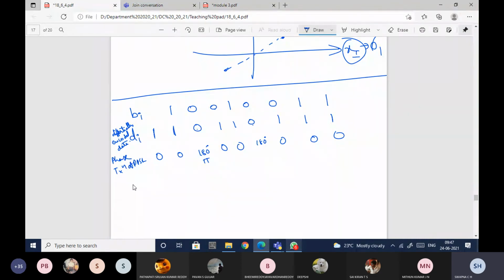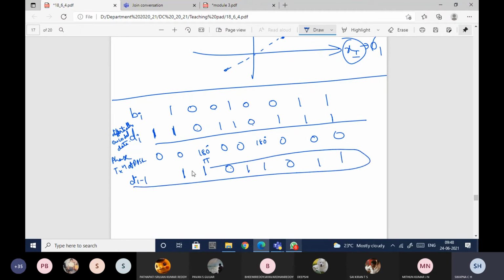Let me write the di minus 1 also here. di minus 1 in the sense from here it will start, right? So 1, 1, 0. See, from this only I'm writing. So di minus 1 is nothing but the delayed version of this. So first I'm writing 1, 1, 0, 1, 1, 0, 1, 1. This is a di minus 1 sequence.